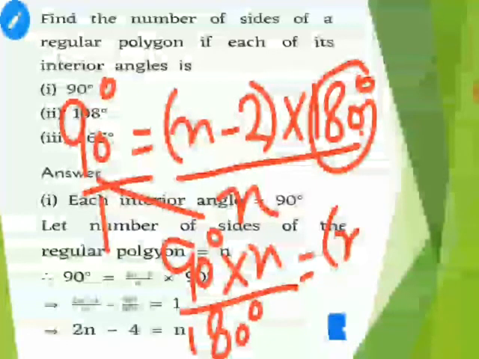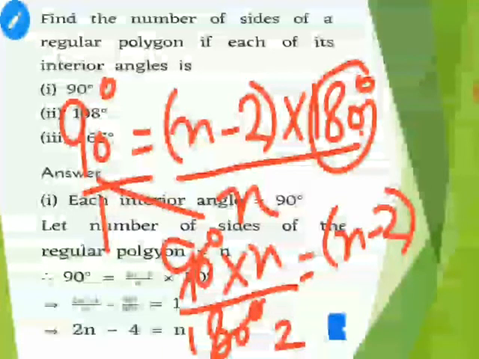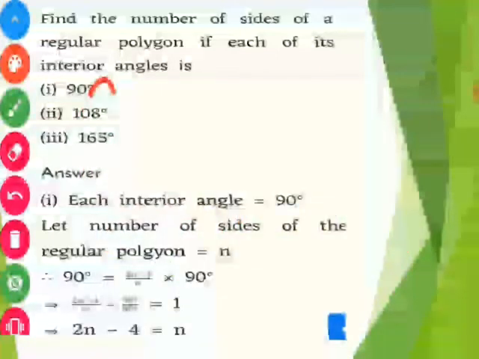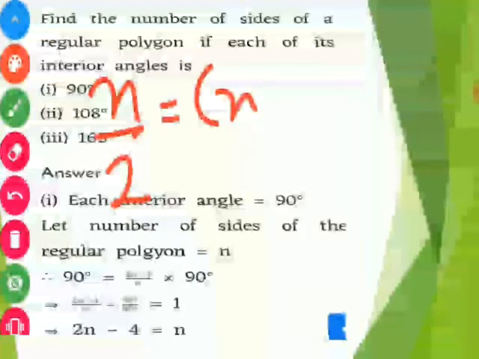This is equal to (2n minus 2), n minus 2. Solve it. Now once you have got, n upon 2 is equal to n minus 2. So we got n upon 2 is equal to n minus 2.